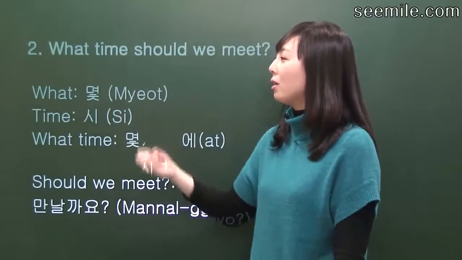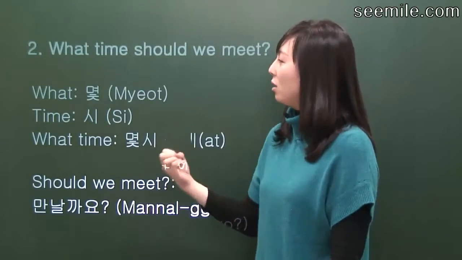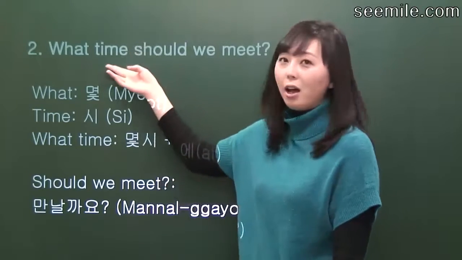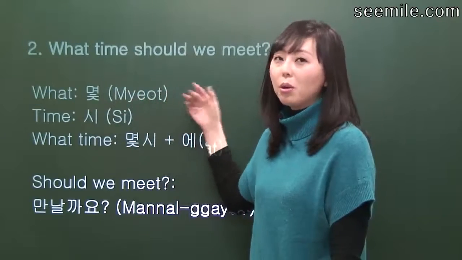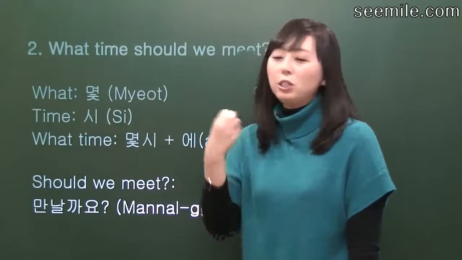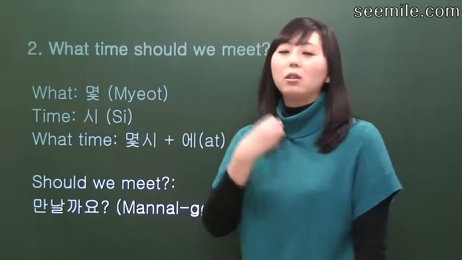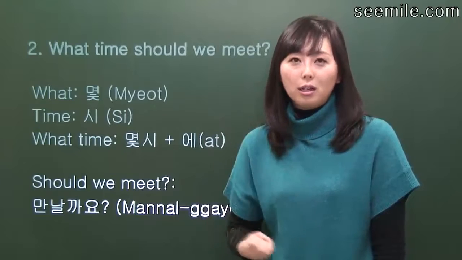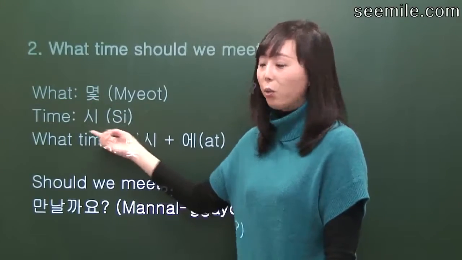So what means 몇? It also has different meaning. 뭐, but when it's combined with time numbers, what means 몇? Remember, keep this in your mind. And time, it's 시간, it's over hours, but when you're talking about the like 1 o'clock, 2 o'clock, that kind of time, that's hour, 시, hour.